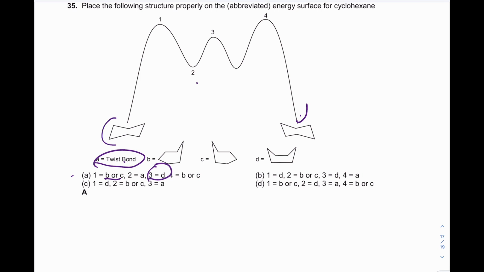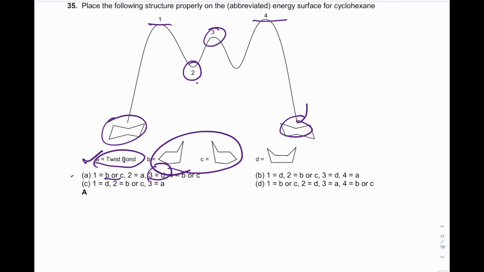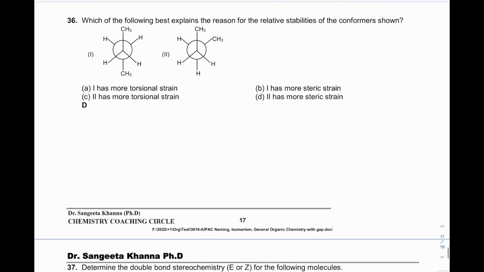Lowest energy for chair, maximum energy for half chair, minimum energy out of these four is twist boat, and the intermediate one is boat. So the answer is A.